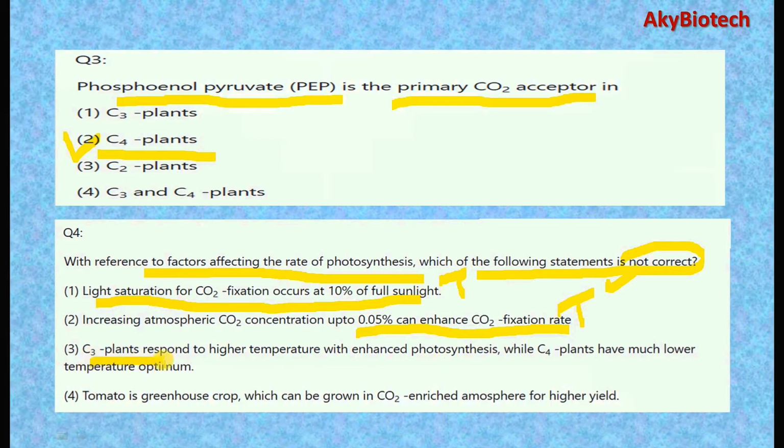Then, C3 plants respond to higher temperatures with enhanced photosynthesis, while C4 plants have much lower temperature optimum. This statement is an incorrect one. Then, tomato is a greenhouse crop which can be grown in carbon dioxide enriched atmosphere for high yield. Again, a correct statement.